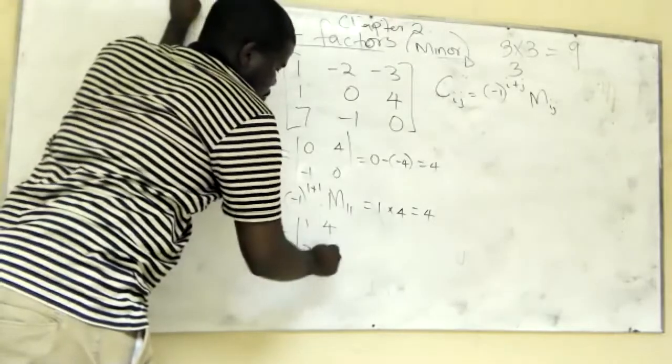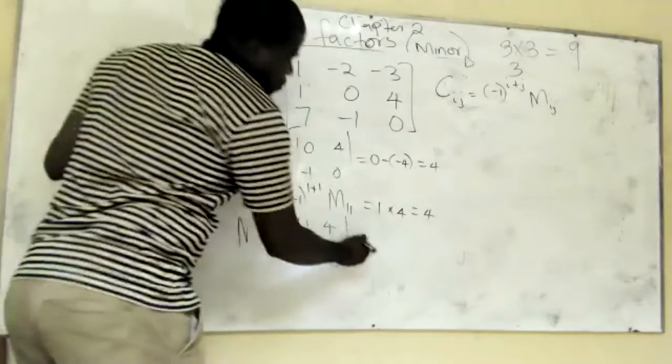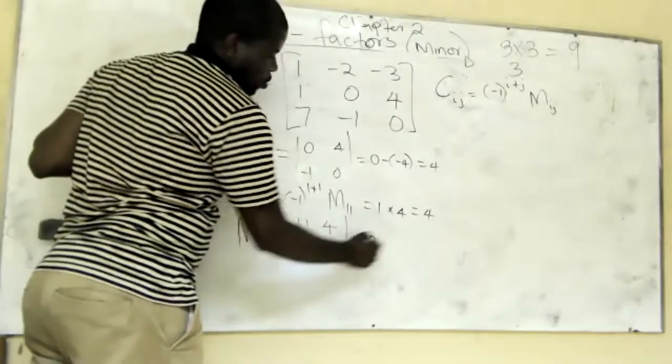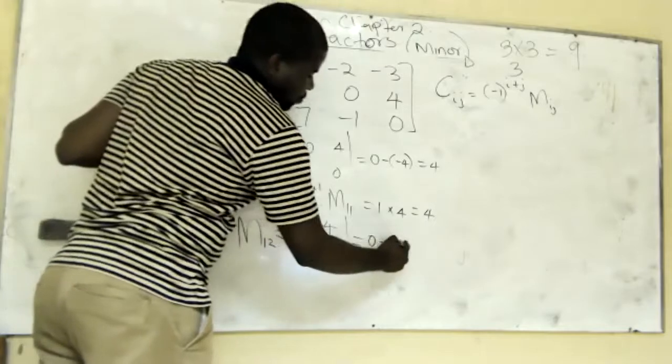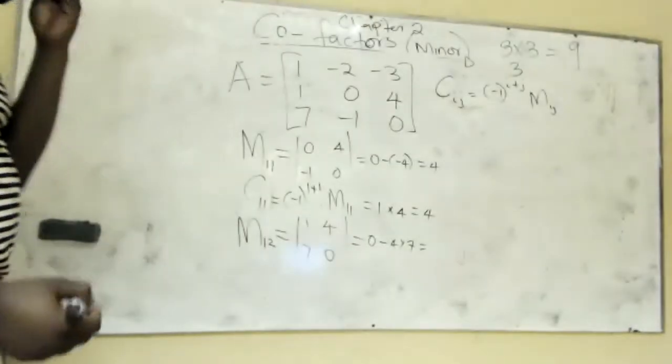Yes, exactly. That is how you get the minor of this, which is just the determinant of a 2 by 2. This multiplied by that is 0, minus this with that, which is 4 multiplied by 7, which gives you the answer of what?